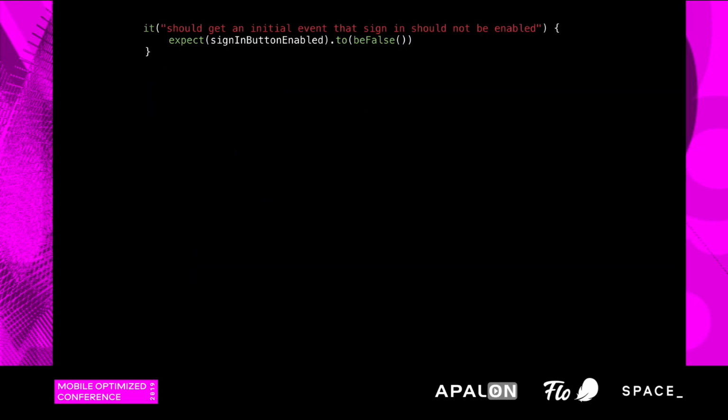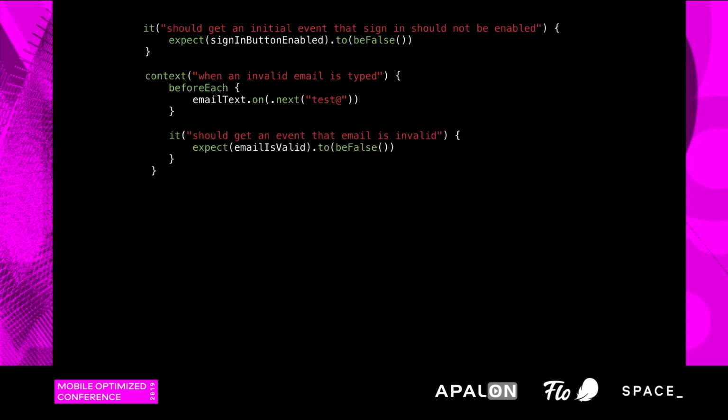So we're ready to start writing our assertions. In the beginning, we expect to have an initial event that the sign-in button should be disabled, which corresponds to the startWith operator that we used earlier. And then we give a next event to the public subject to simulate that the user has typed an invalid email.